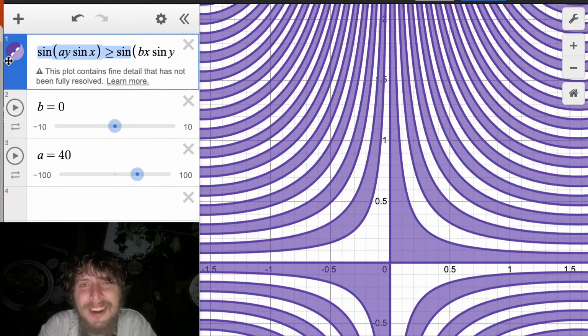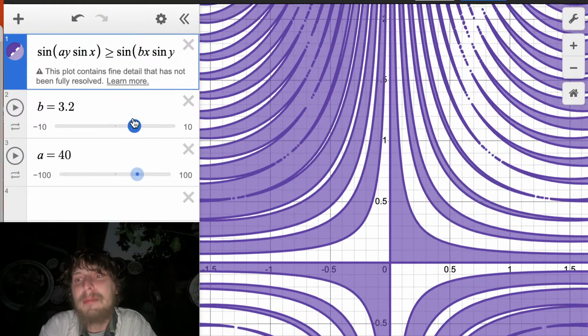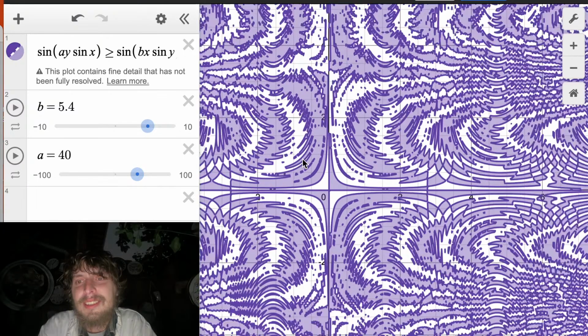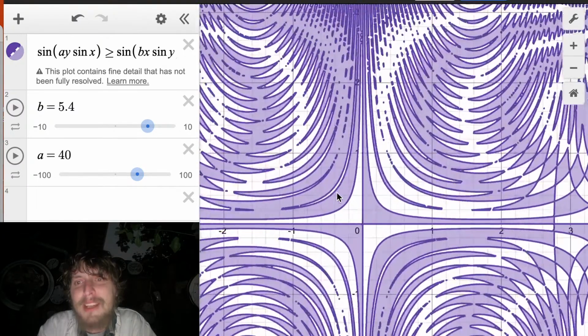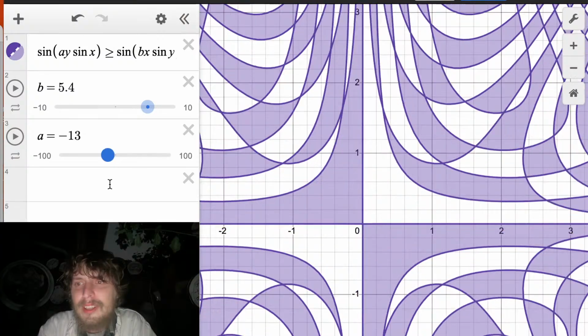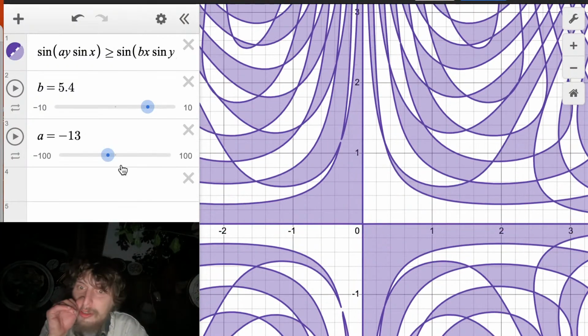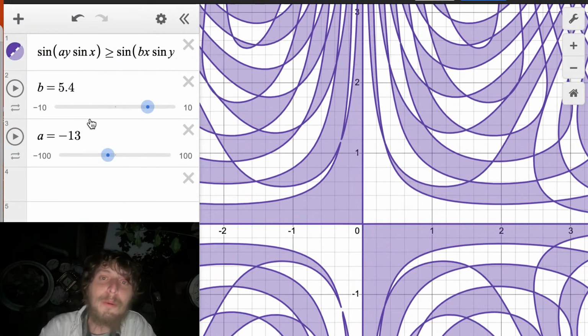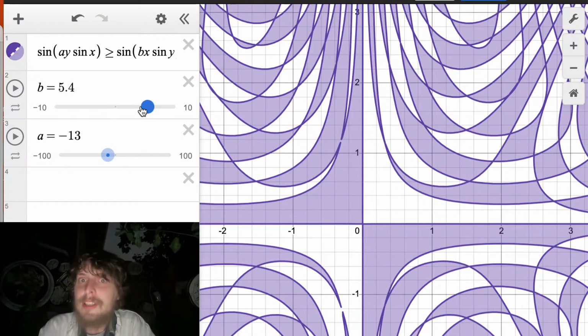Or no, wait, what's going on? I messed up something here. Sine a... Oh, it's just because b is 0 maybe is why it was boring. And maybe because I was really zoomed in. Yeah, it was just because a and b were too asymmetrical. I forgot, we're supposed to do symmetrical-ish.